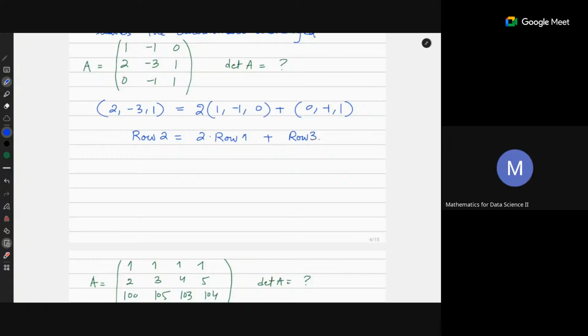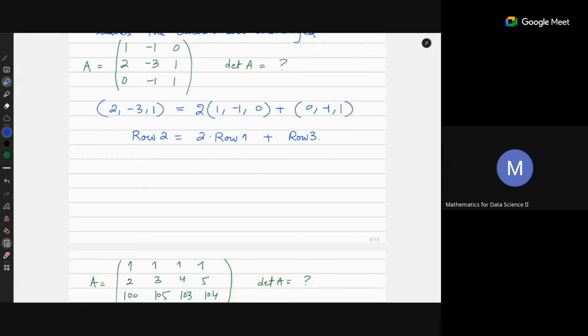So row 2 can be expressed in terms of row 1 and row 3.